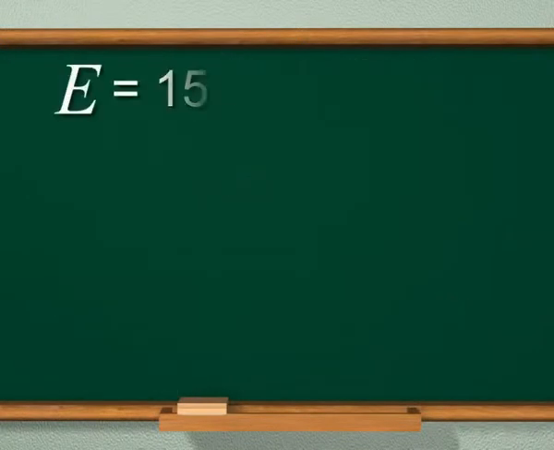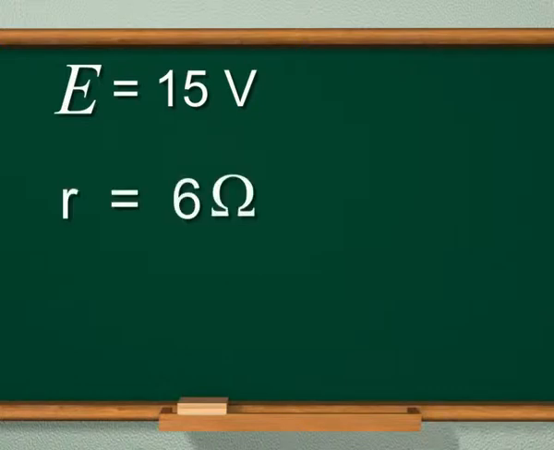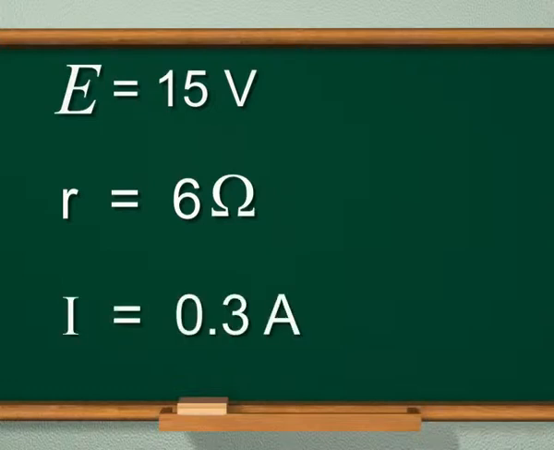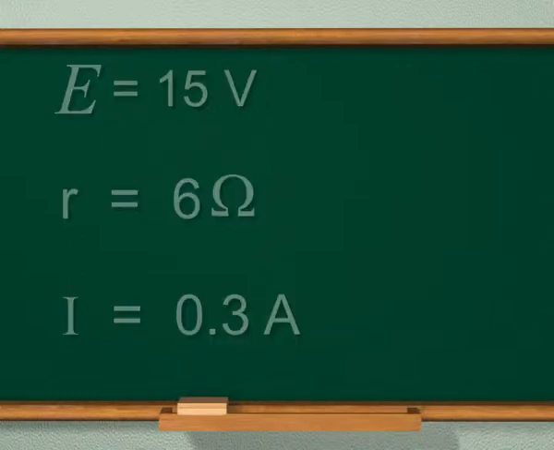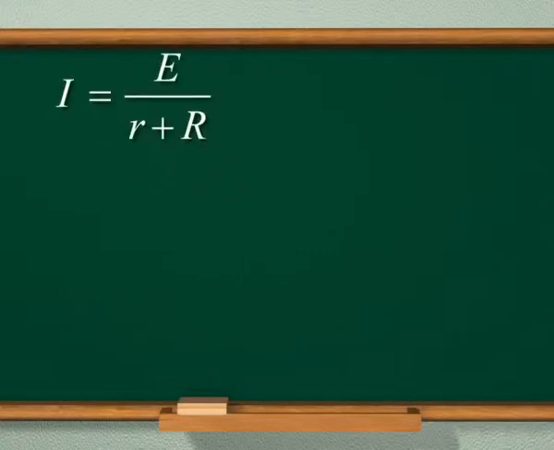Here, E is equal to 15 volts. The internal resistance of the cell is 6 ohms and the current through the circuit is 0.3 ampere. If capital R be the resistance of the resistor, then I is equal to E upon small r plus capital R, or capital R is equal to E by I minus small r.